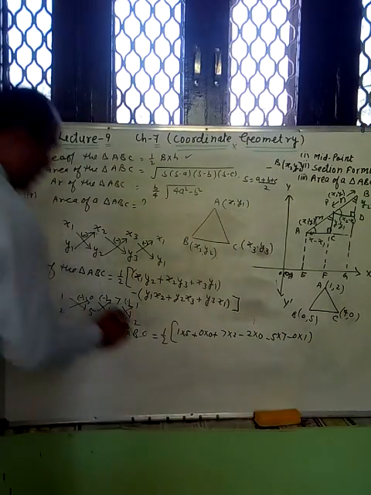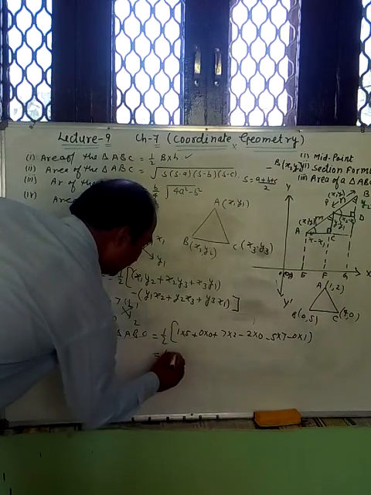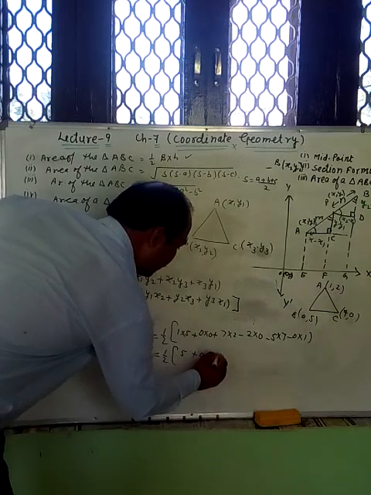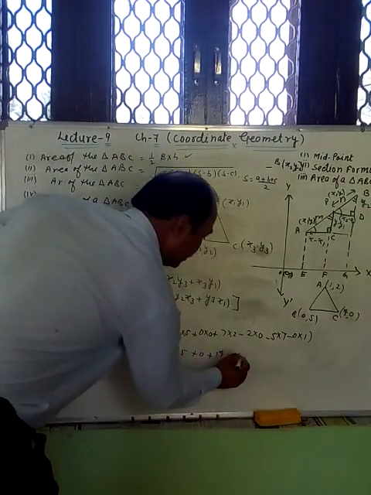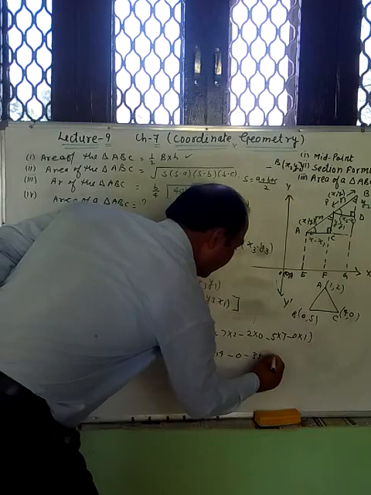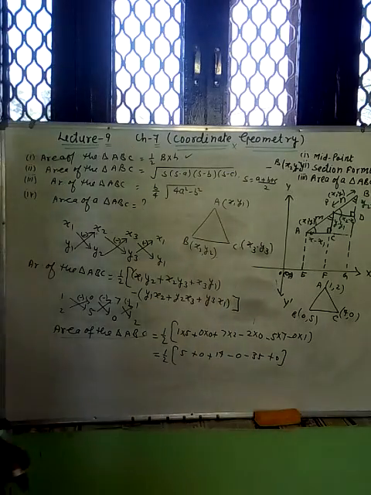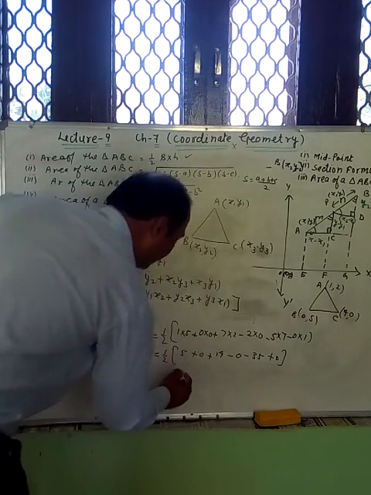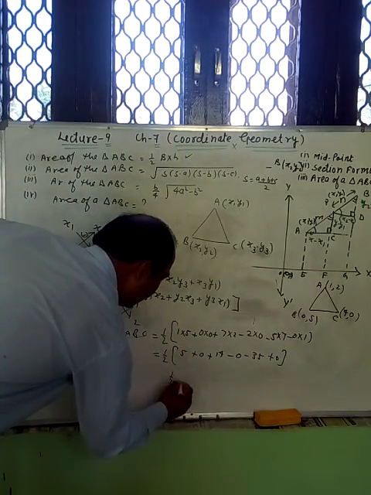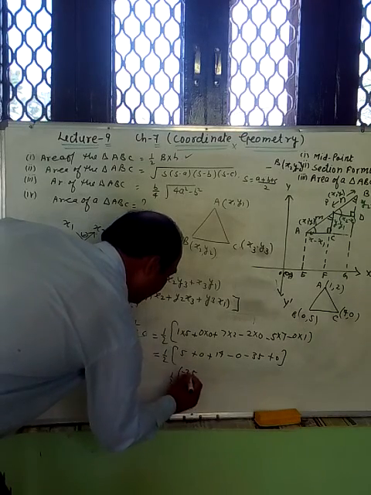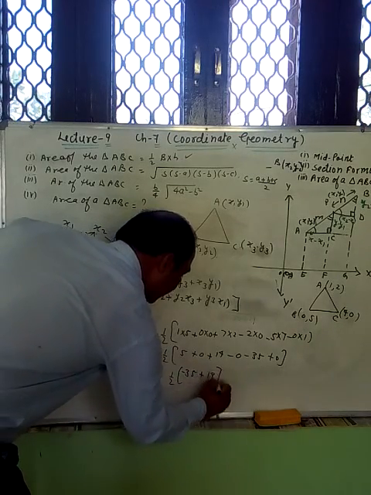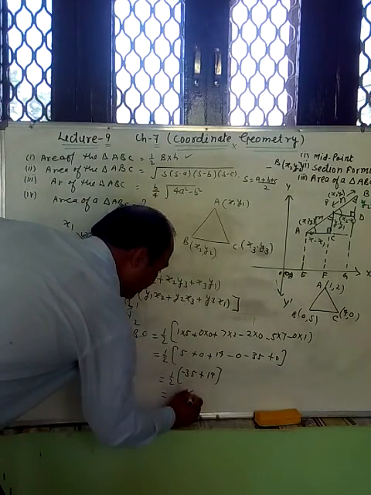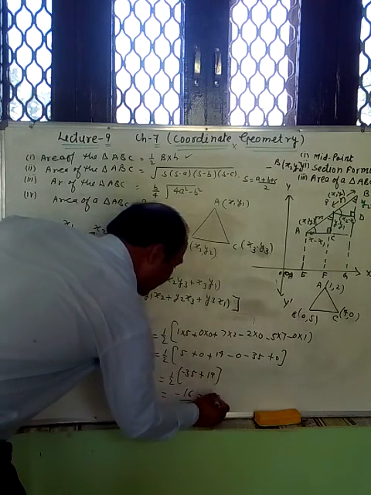This equals 1 upon 2 times 5 plus 0 plus 14 minus 0 minus 35 plus 0. That is 19 minus 35, so minus 16 upon 2 is minus 8.